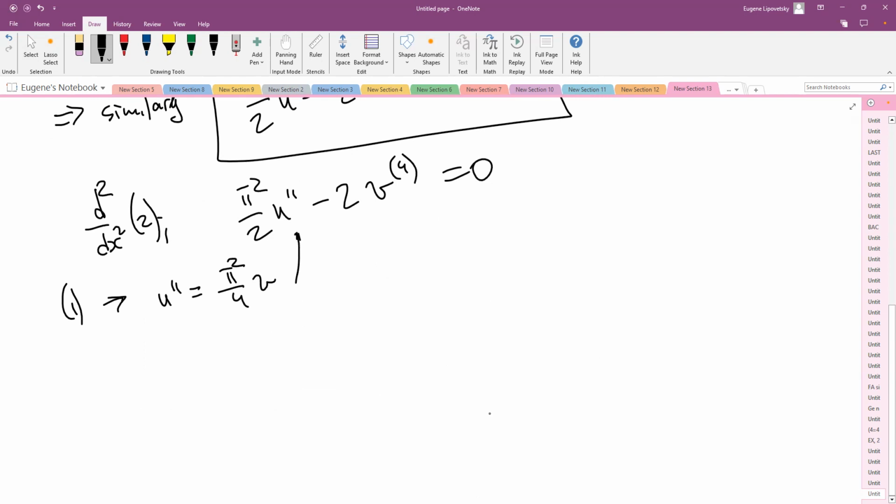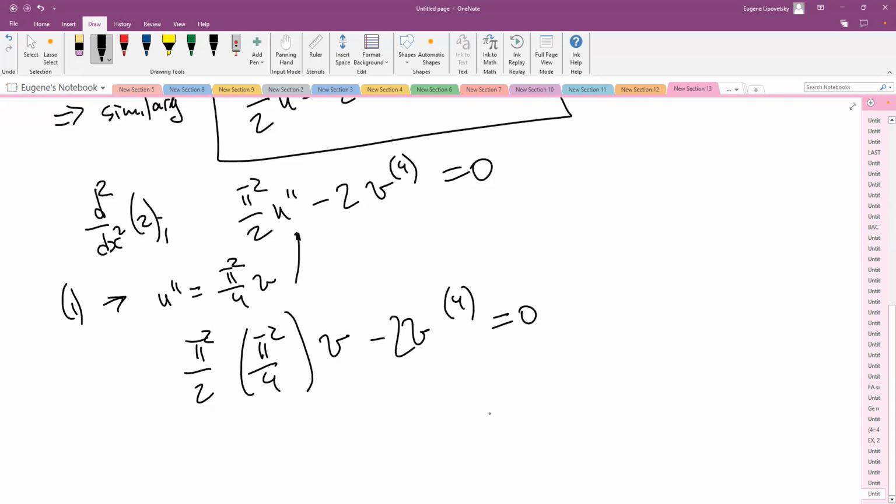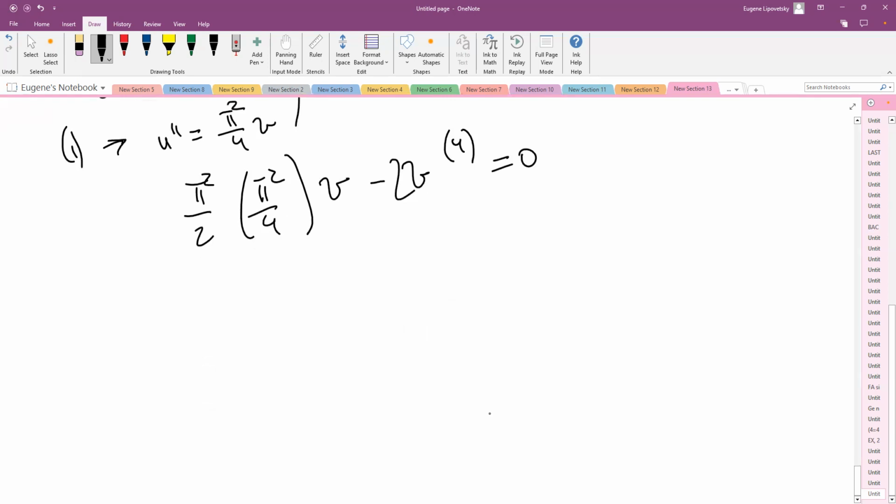Plug in here, and we have pi squared over 2 times pi squared over 4 v minus 2 v fourth derivative equals 0. We'll divide by 2, and we have the fourth derivative of v minus pi squared over 16 v equals 0.